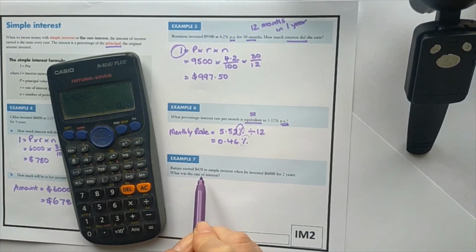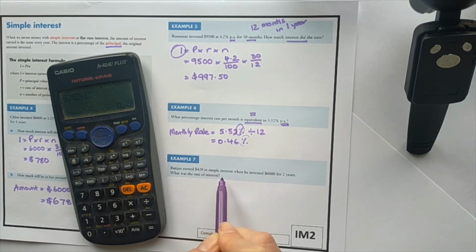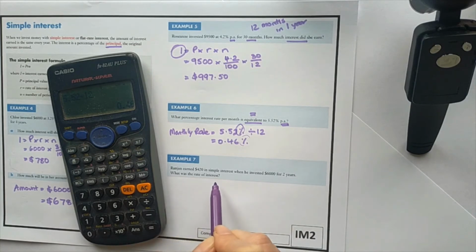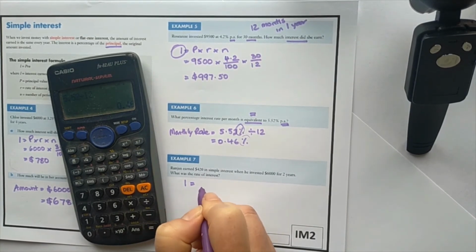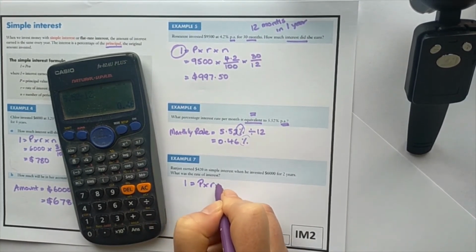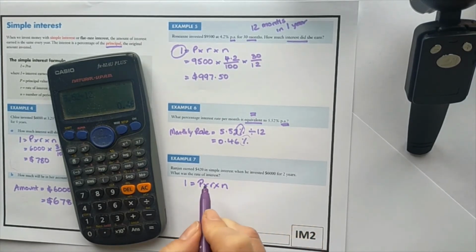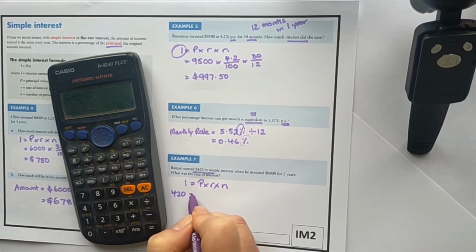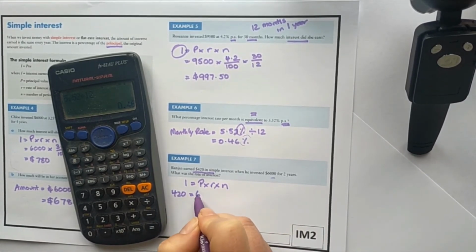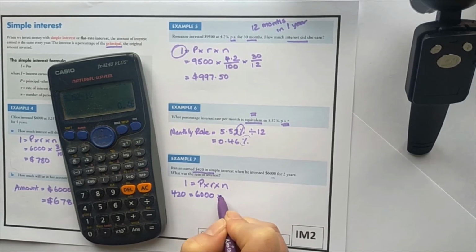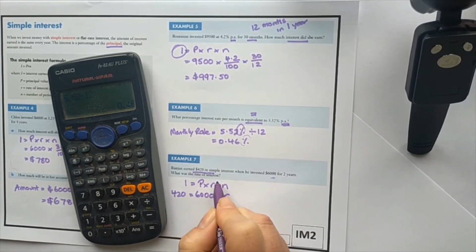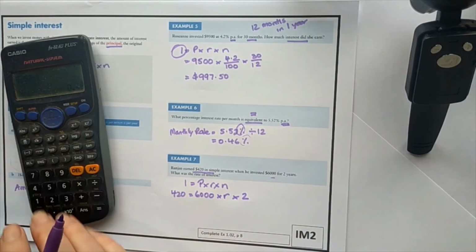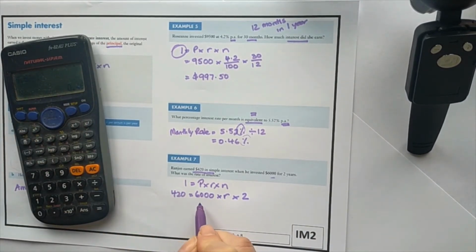Ranjan earns $420 in simple interest when he invested $6,000 for 2 years. What was the rate of interest? We're still going to use our formula, but this time they've told us he earned $420 in interest. He invested $6,000, and we don't know what the rate is when they invested it for 2 years. So to work this out, we're going to do two things.